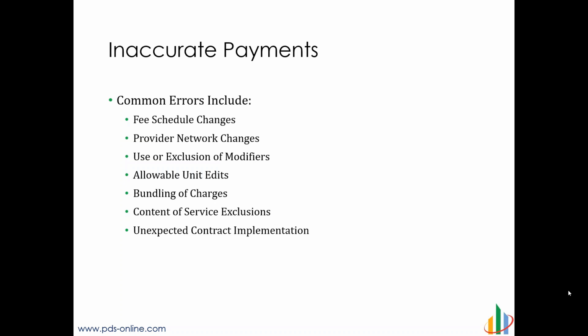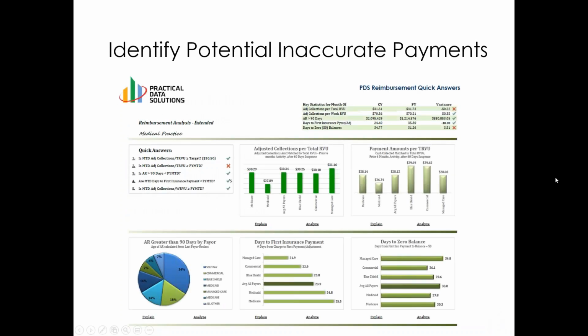So we want to be able to identify all of these and, more importantly, quantify them so that we know not just the value of our denials and potentially what revenue we've lost, but what revenue we've lost from these so-called hidden denials.